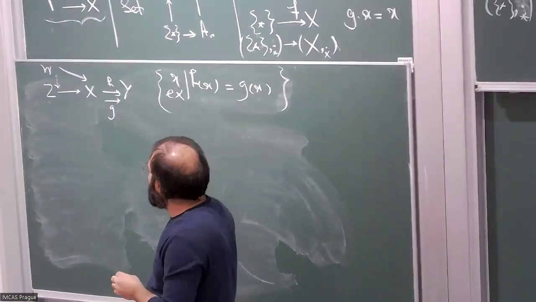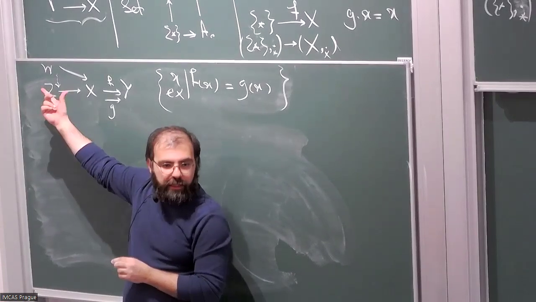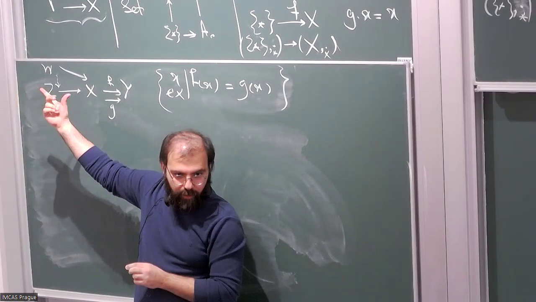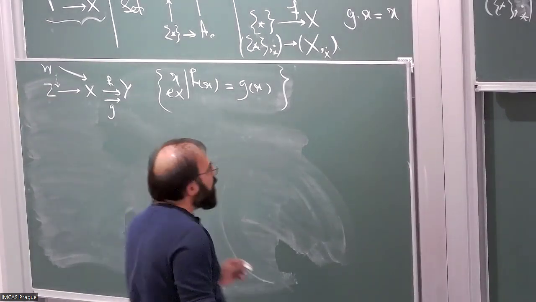Now you expect this guy to be a subset really. And the formalization of subset is monic, right? So what is a monic map?